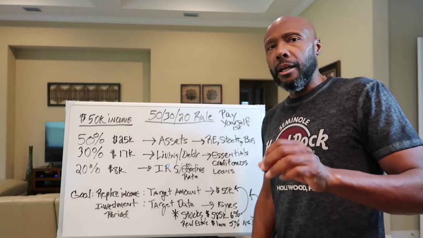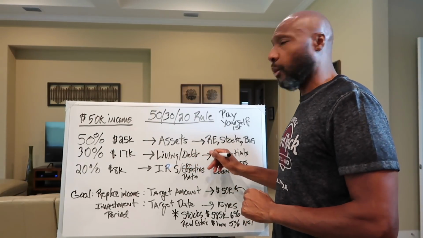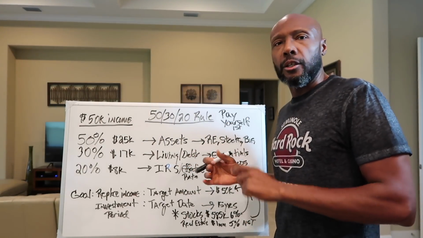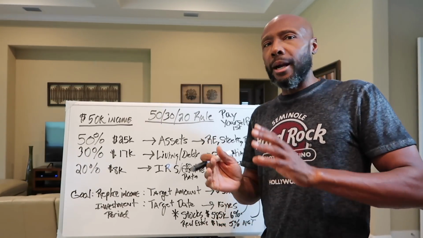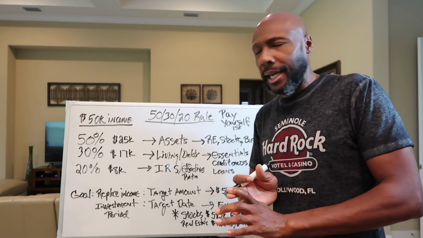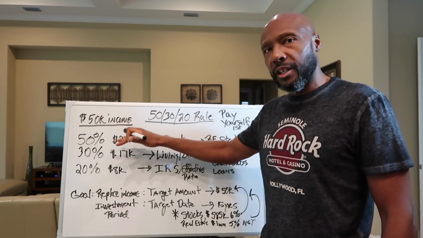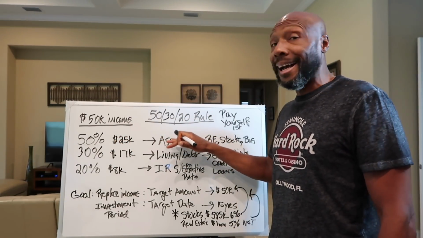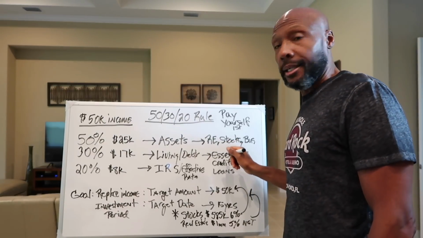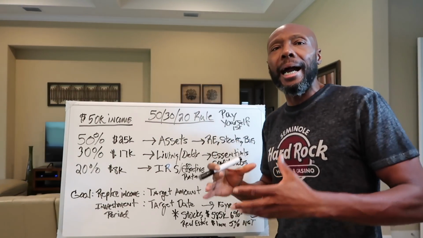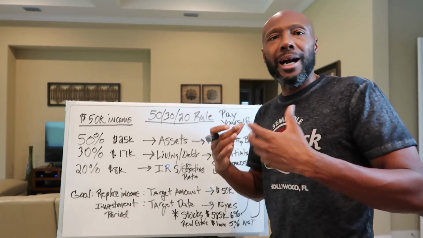You're going to have to pay your credit card bill, your loans, etc. Now, one thing I will caution you is if you're in a situation where you have a lot of high rate credit card debt, high rate personal loan debt, or high rate automobile loan debt, you can delay this 25K going into assets, and actually concentrate it on paying down your high rate debts, loans, and credit cards.